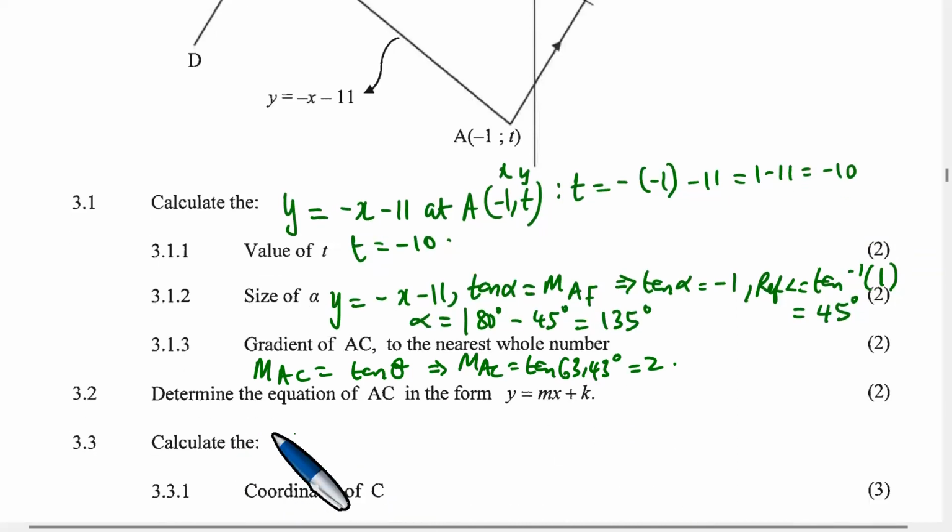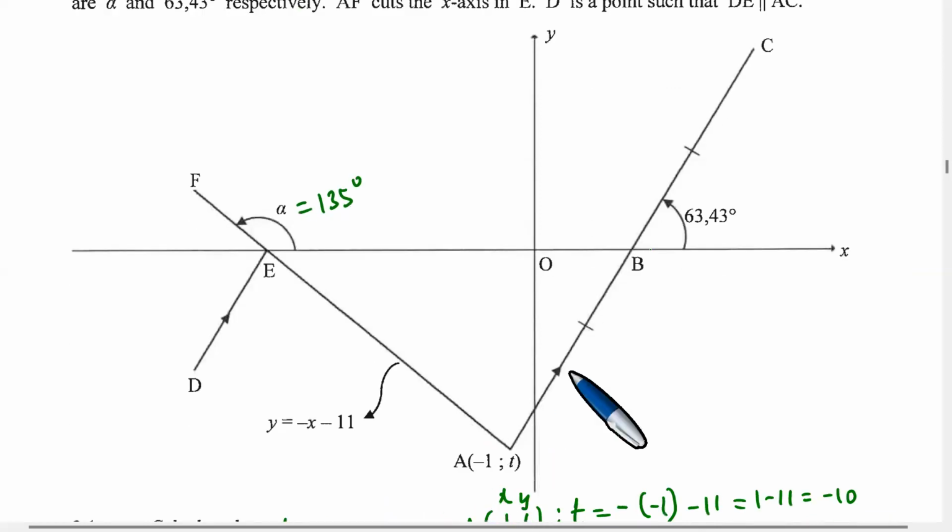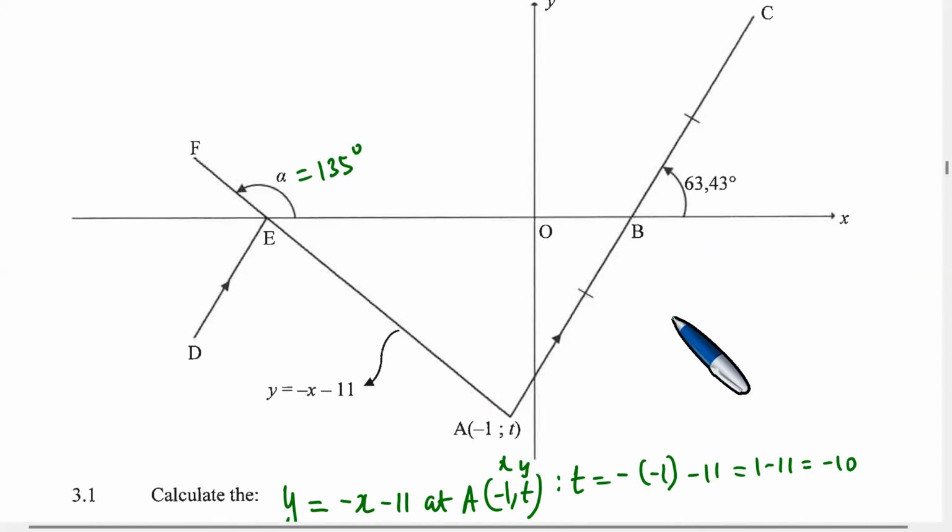Okay, determine the equation of AC in the form y equals mx plus k. If you want to find the equation of AC, you already know a couple of things. You already know the gradient of the line, and we have already said the gradient of the line AC is 2 approximately. Moreover, we know that t itself is equal to -10. We've just found it.